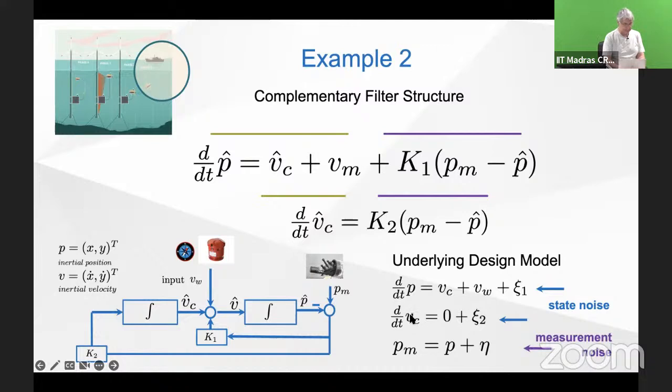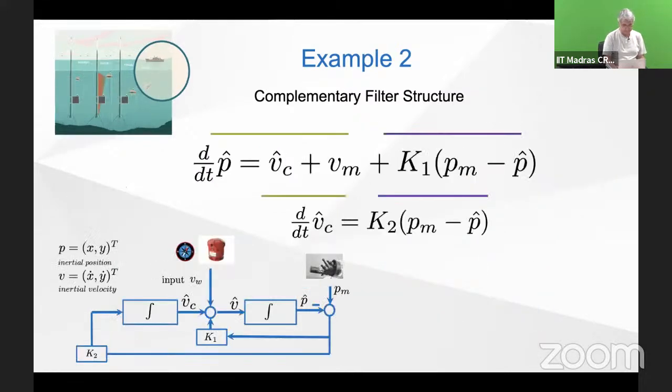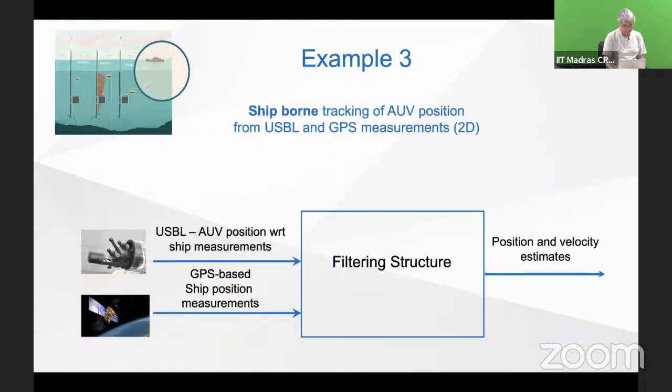I'm going to assume it's constant, so the derivative is 0. And then the measurement of position given by the ultrashort baseline and the GPS is given by this plus noise. So it's a very simple system to implement that is quite useful in practice. So that's example number 2.